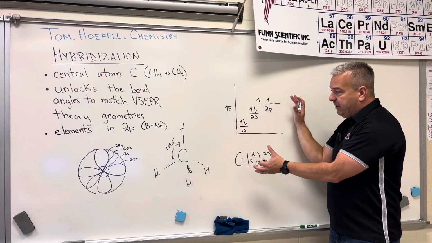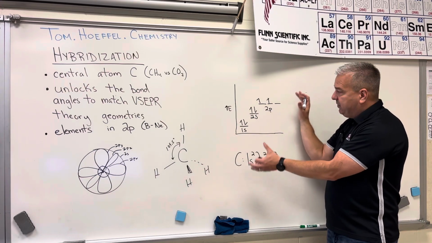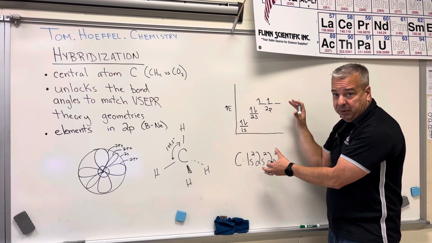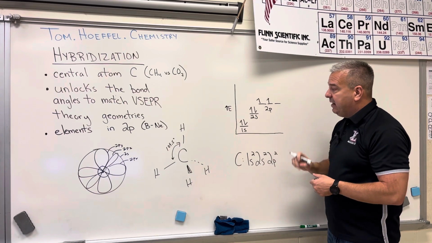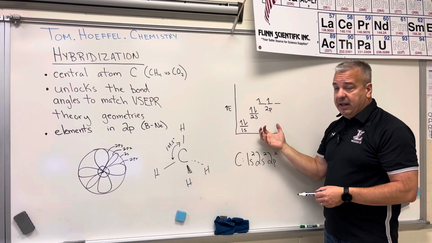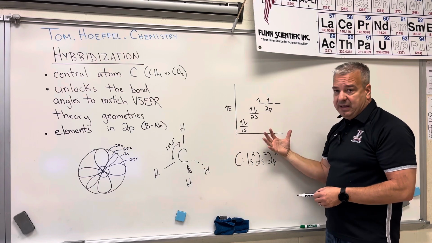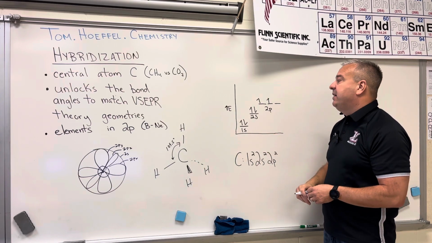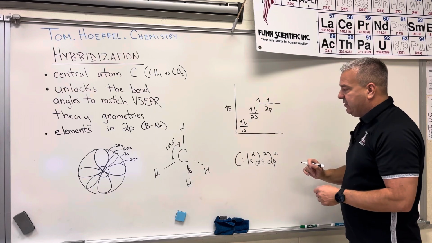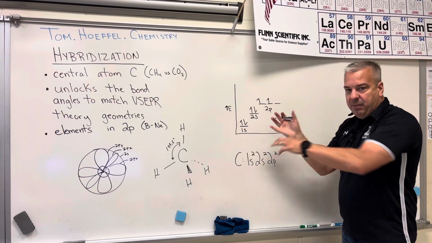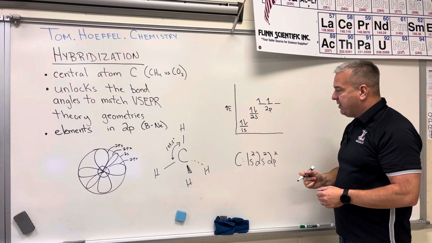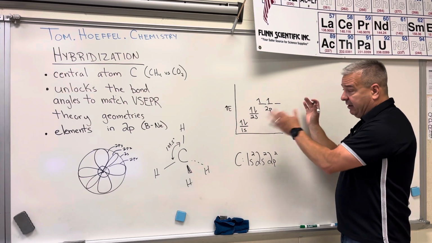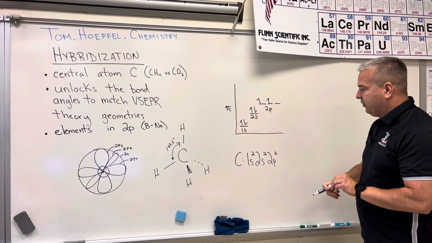If you're unfamiliar with electron energy diagrams, you'll need to go to the Unit 2 playlist to find a lesson on electron energy diagrams, because we're using them here in the Unit 3 playlist to describe hybridization. So you might want to click back to Unit 2 and watch a video on energy diagrams for electrons.